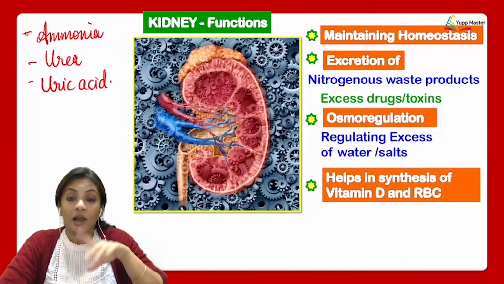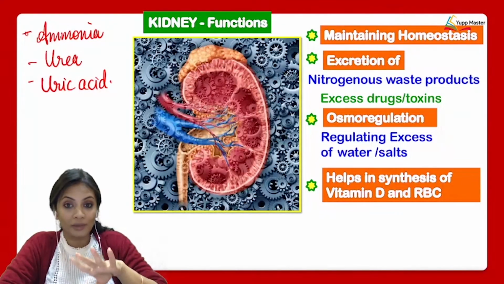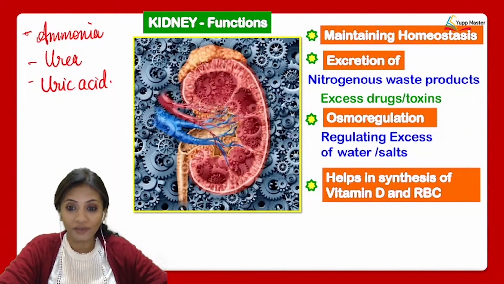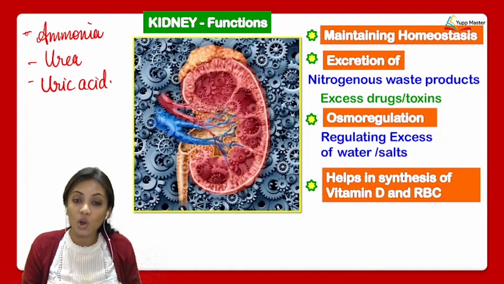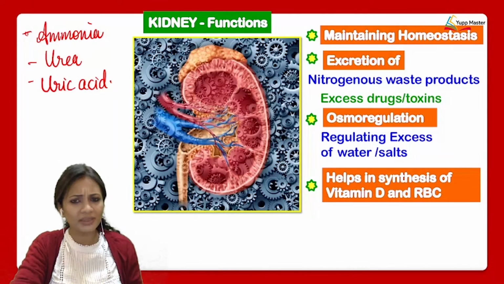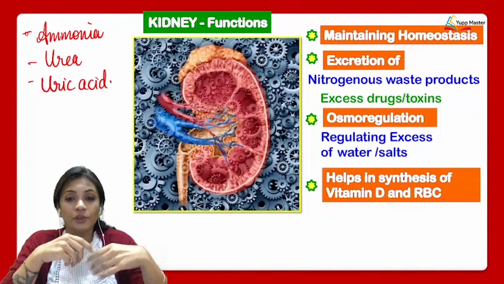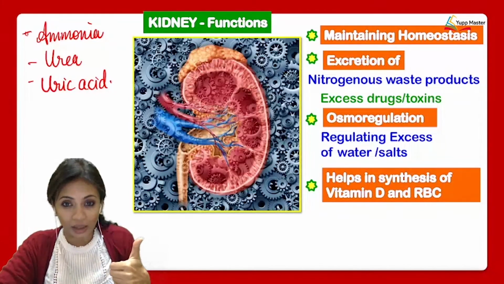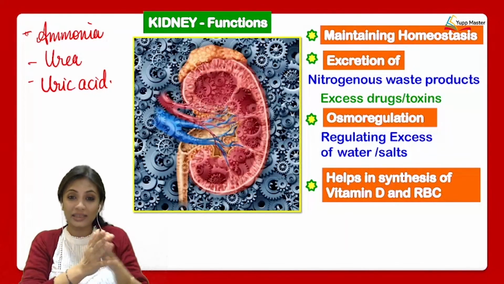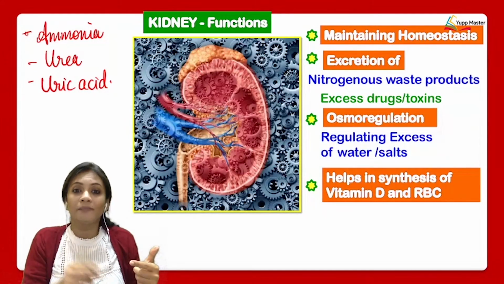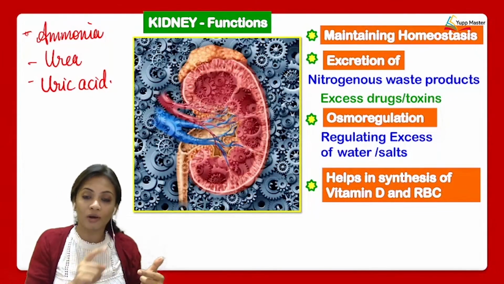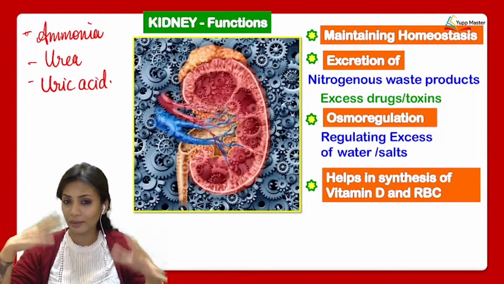All right, next, kidneys also are performing a function which you may have never heard of, and that is it helps in the synthesis of vitamin D and also RBCs. How RBCs? Do you know RBCs are produced in the bone marrow? But for the bone marrow to get a green signal so that it can start producing RBCs, the kidney is going to give a hormone there. Okay, let me get that again.